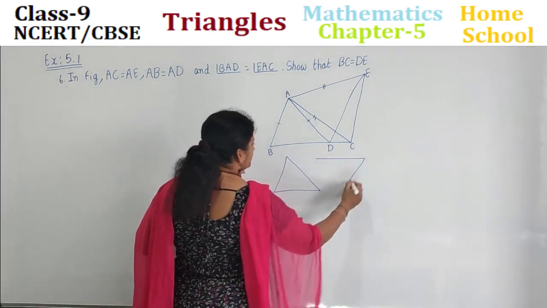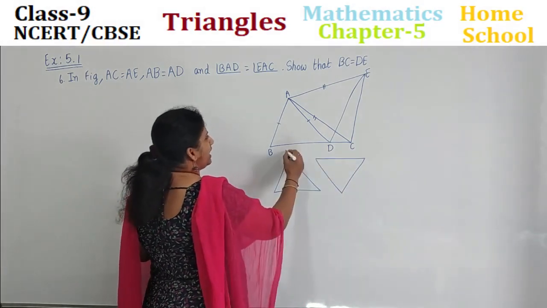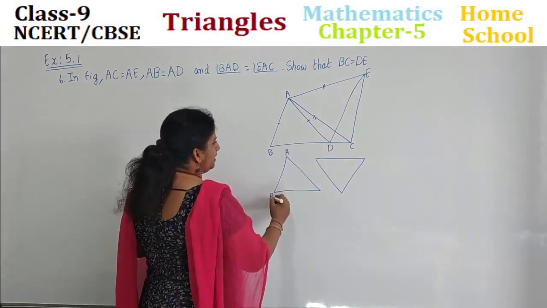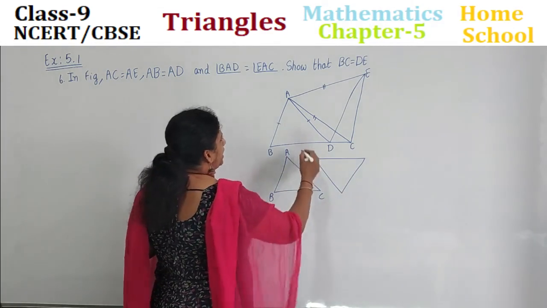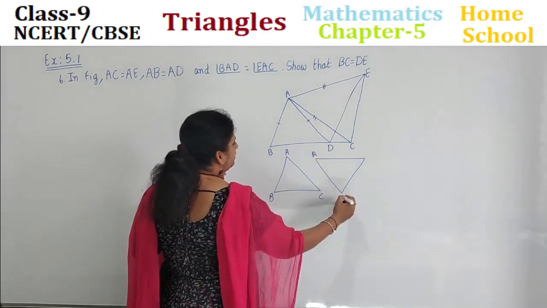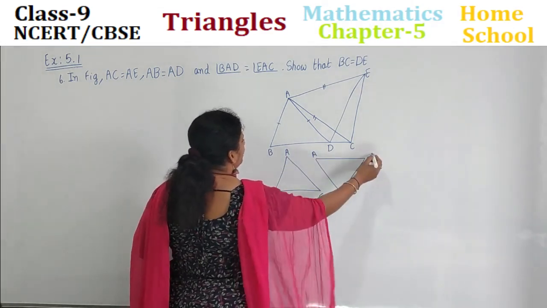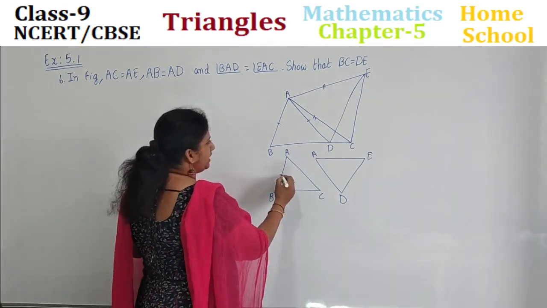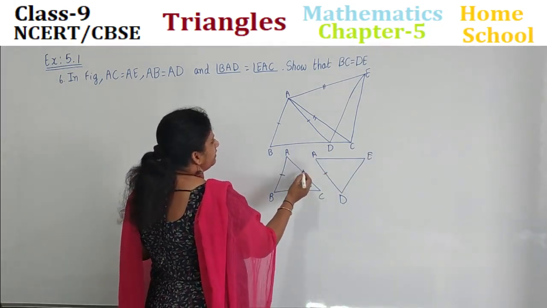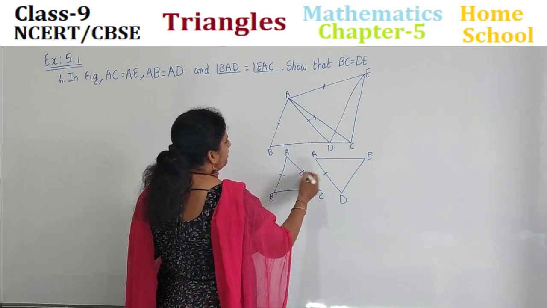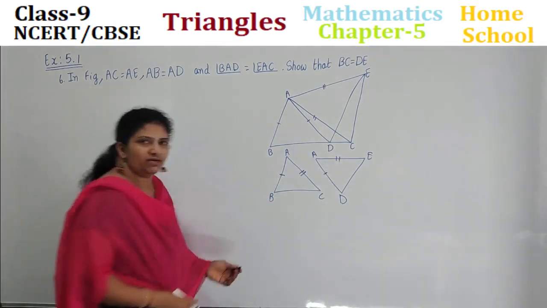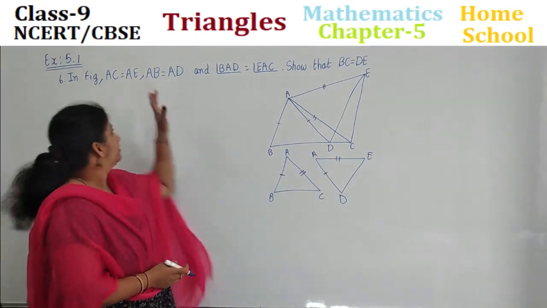So try to observe A, B, C, and one more, A, D, E. AB, AD, AC, AE. Now it will be a little clear, right?